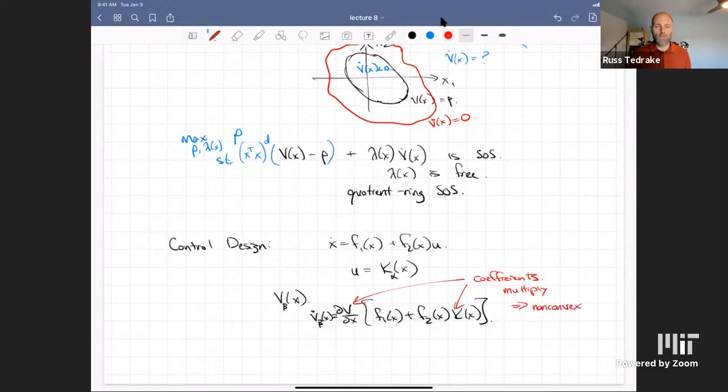So that is the fundamental problem of searching for polynomial Lyapunov functions with this. We have to somehow get around that.